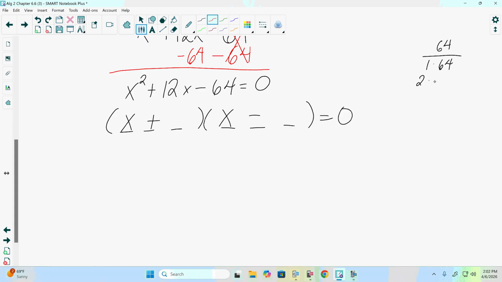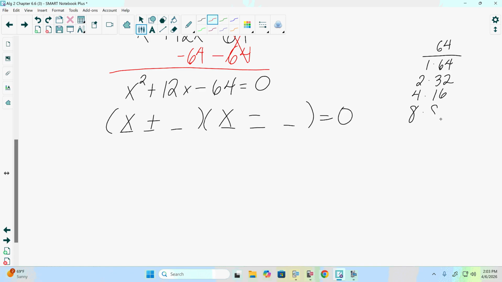We have 1 and 64, 2 and 32. 3 is not a factor, but we do have 4 and 16. 5 is not a factor because it doesn't end in 0 or 5. 6 is not a factor because both 2 and 3 would have to be factors. 7 is not a factor. My main reasoning is 7 times 9 is 63. 63 is too close to 64 for 7 to work.